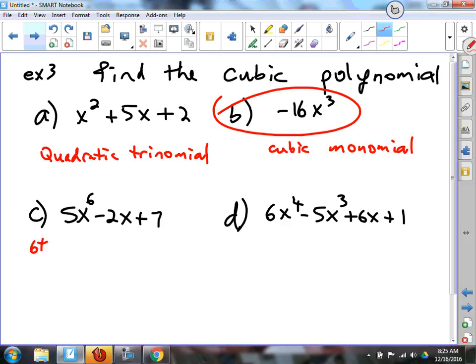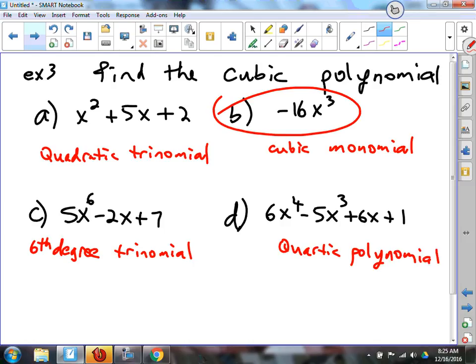It's a 6th degree trinomial. And what about number D? It's a quartic, 4 terms. It's a quartic polynomial. So that multiple choice question's kind of misleading, but they're saying which one's cubic. Well, the one that's cubic is the one that has the largest exponent in it of 3.